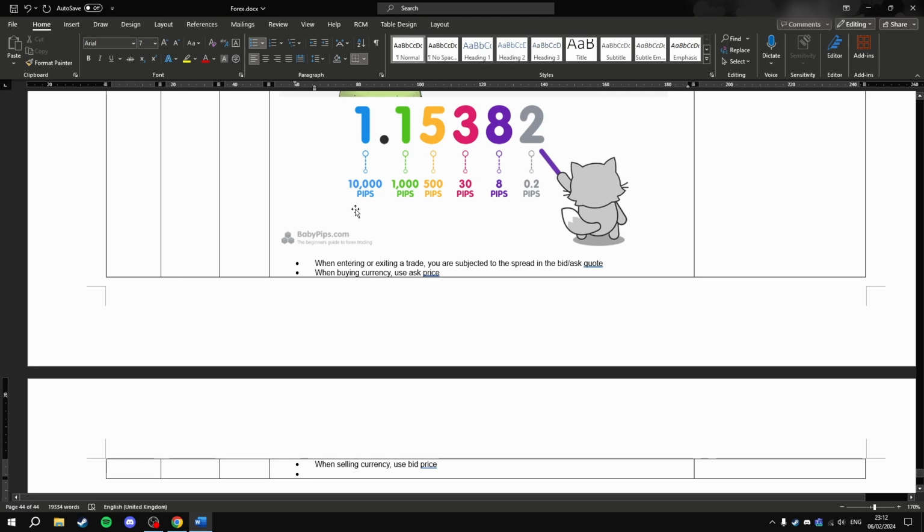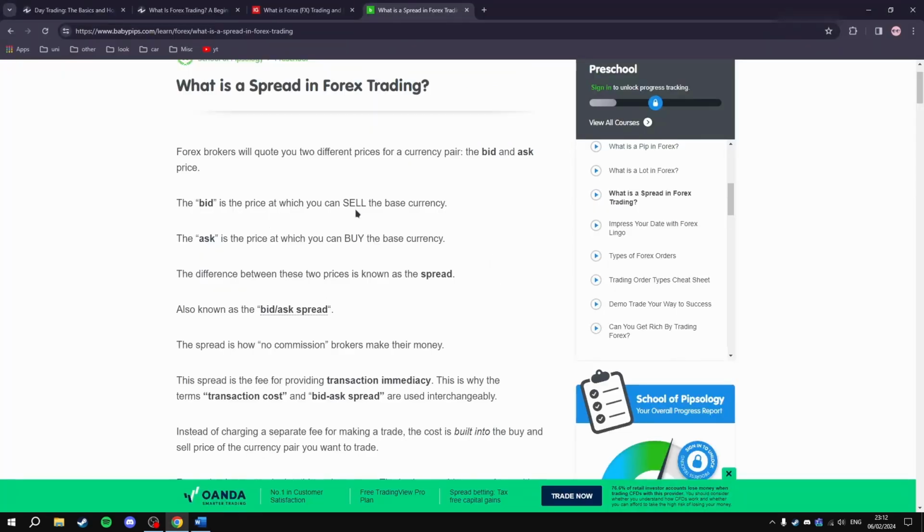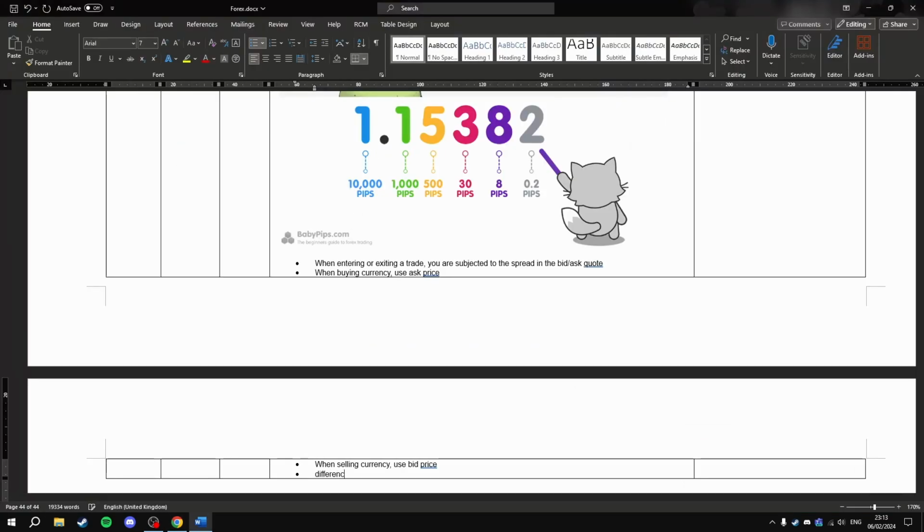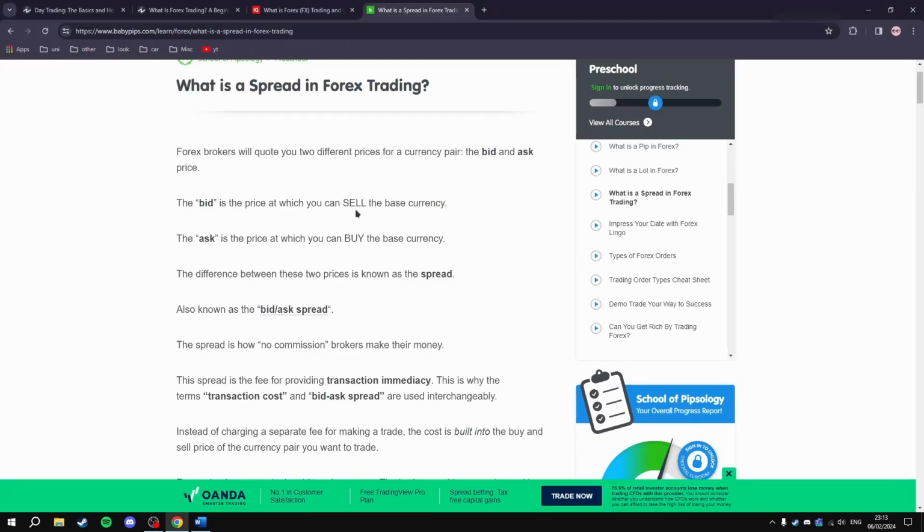When buying currency, use the ask price. When selling currency, use the bid price.